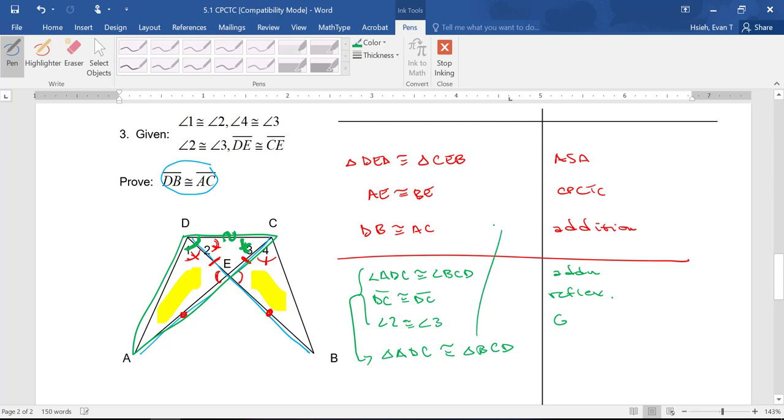It's the overlapping triangles. And then I can just do CPCTC to get DB congruent to AC. Okay, so there's two approaches you could have taken with that one. Either one is completely valid.